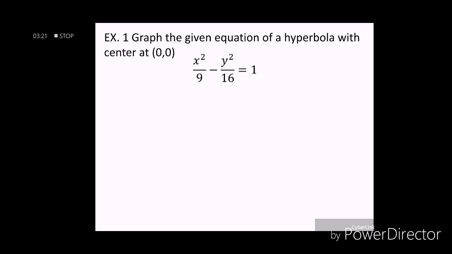The reason why wala kayong nakitang h, k is simply because yung center natin ay nasa origin, 0, 0. So, wala na siyang nakalagay na x minus h squared. X squared na lang siya agad kasi 0, 0 yung ating center, which is the h and k. So, kapag nakakita kayo ng ganitong standard equation ng hyperbola, that means automatically yung center niya ay at 0, 0.